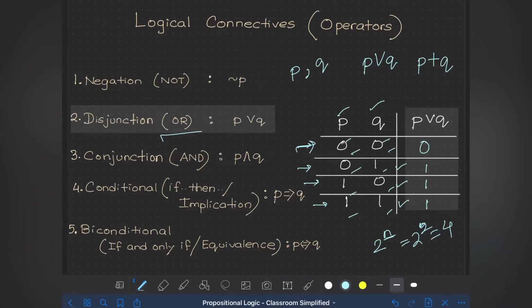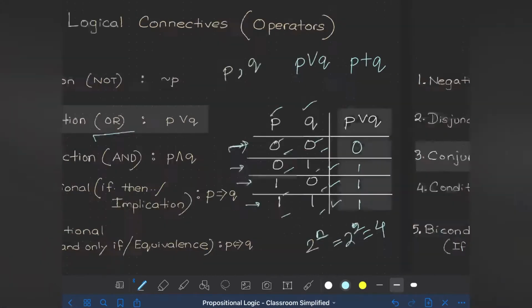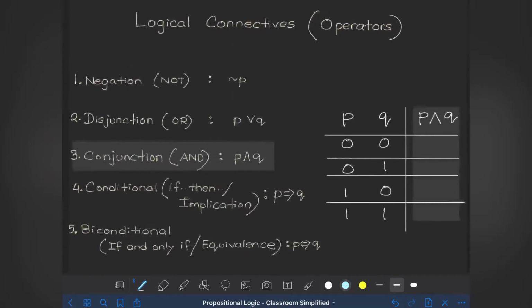So coming to the next part, conjunction. This conjunction, which is also termed as the AND connective, helps us form compound propositions where more than one proposition is used. Like we have seen in the negation part, only one proposition was used, but in disjunction and this conjunction, more than one proposition will be used.